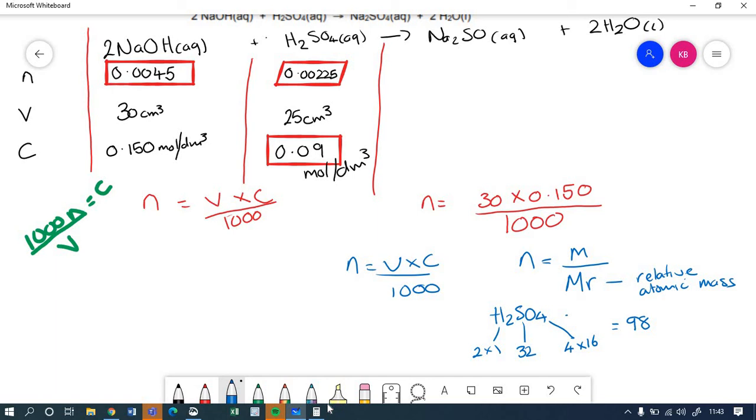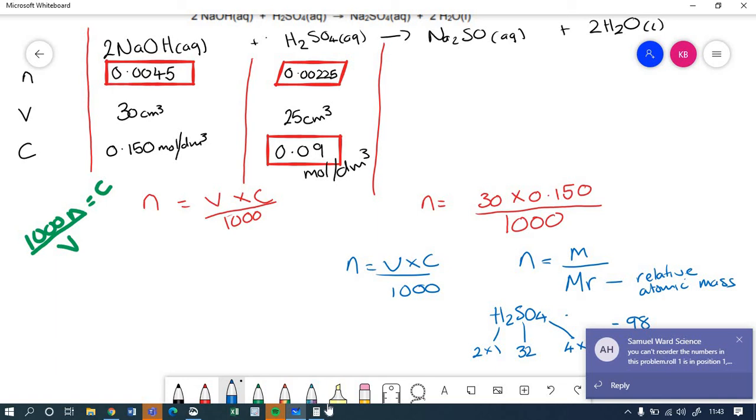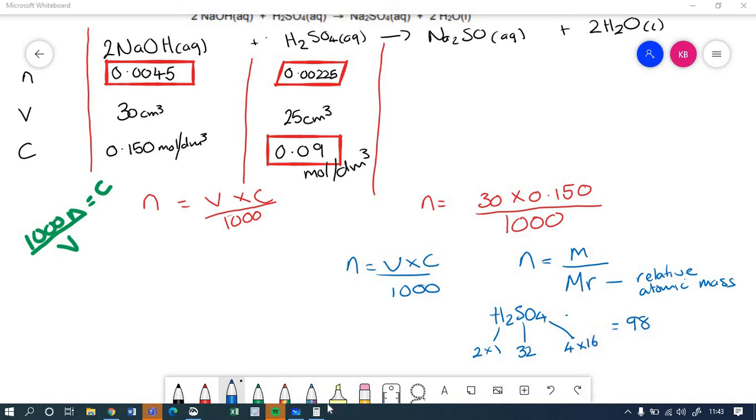Now, this equation here says moles equals volume times conc. We've got the concentration, so concentration is essentially moles divided by the volume. Okay, so we've rearranged that and I'm still stuck in the same situation.